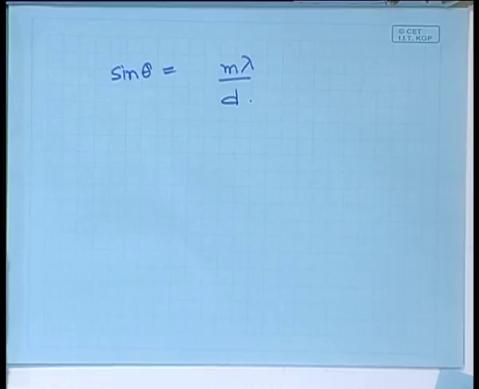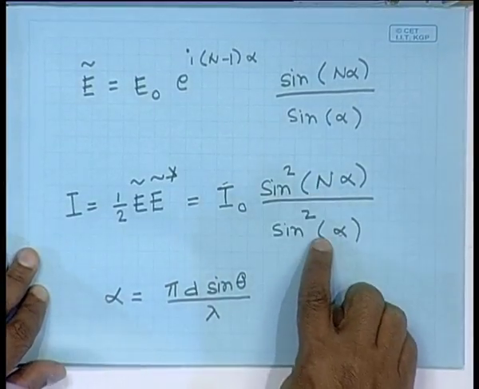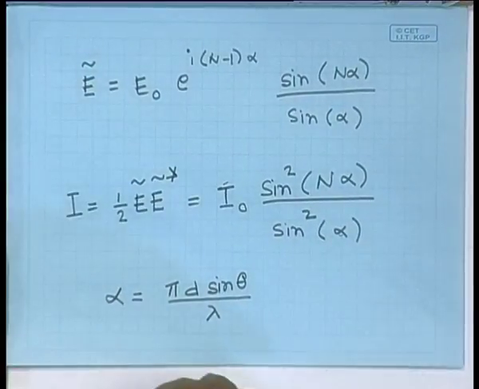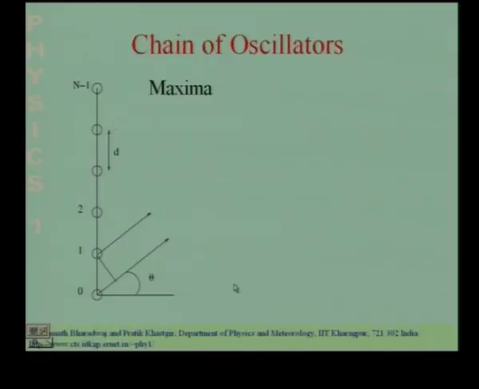So, if lambda by d is more than 1, you will have only one solution, m equal to 0, which is theta equal to 0. If lambda by d is less than 1, you can have more than one solution for different integers m. And these solutions correspond to these values of alpha, where the denominator and numerator both become 0. Now, let me plot this intensity pattern and show it to you as a function of alpha.